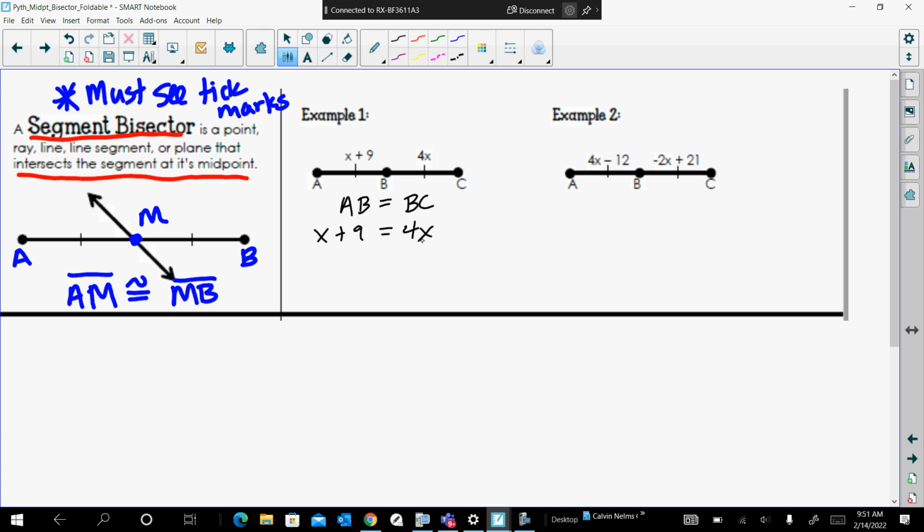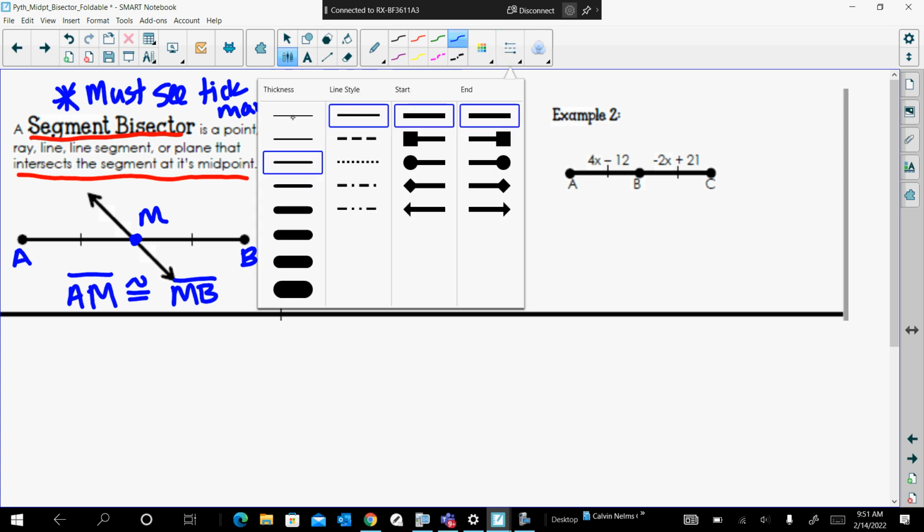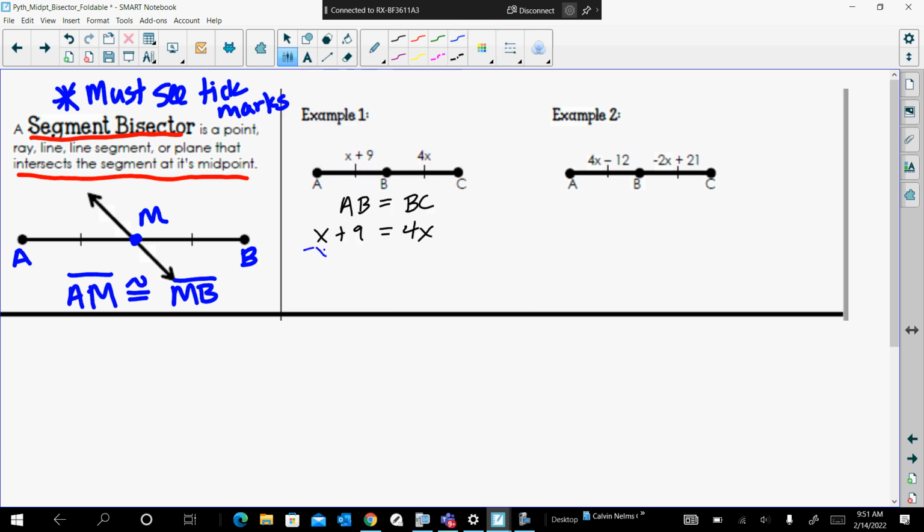We need to solve for x. Minus x on both sides to eliminate the smaller x on the left side, leaving us 9 equals 3x. Then divide by 3. And so that means our x equals what? 3. X equals 3. We're done.